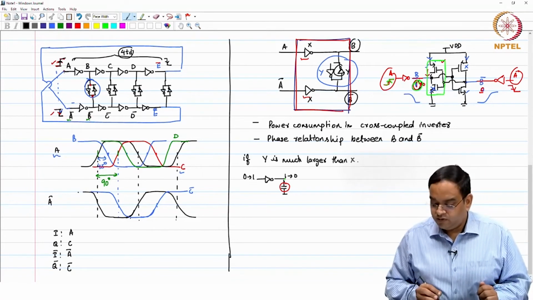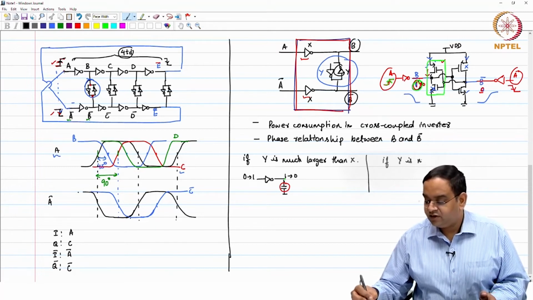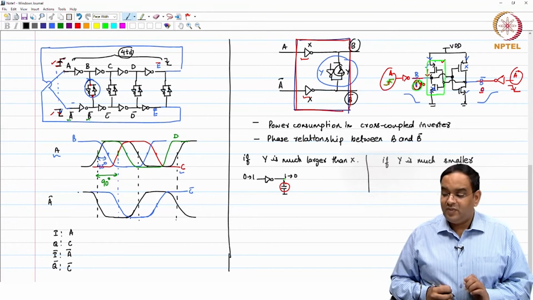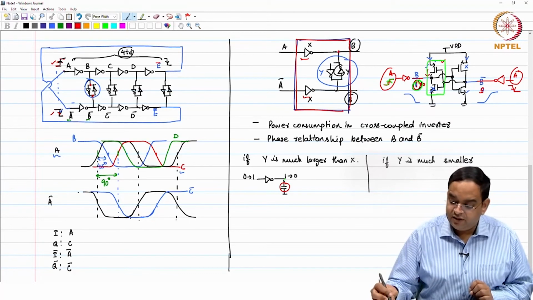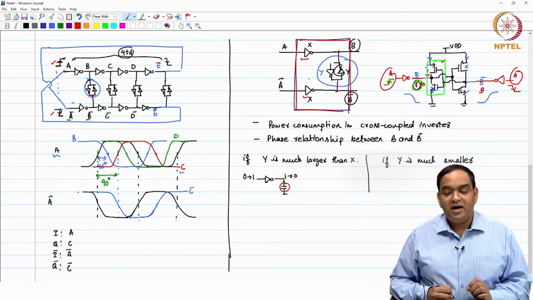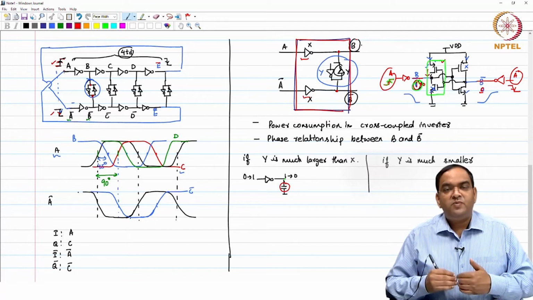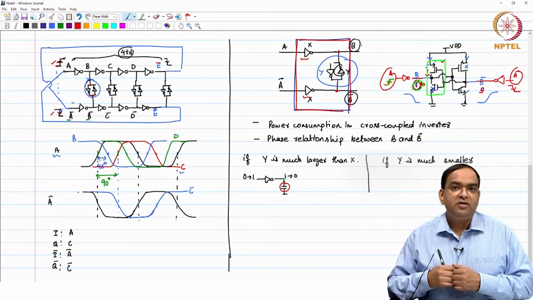Now, if you look at, let us say, Y being much smaller, then what happens? If Y is much smaller than X, then in that particular case, in response to this transition A and A bar at the input, B and B bar may not be aligned by 180 degree phase.